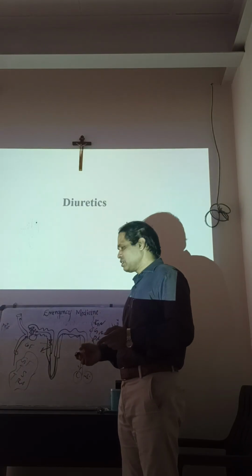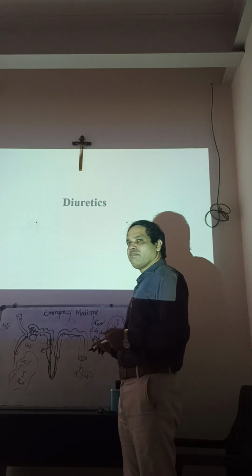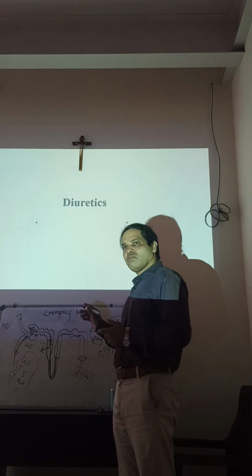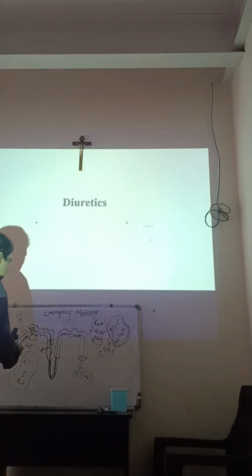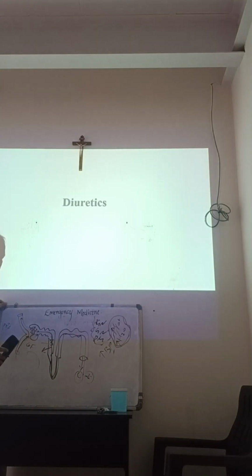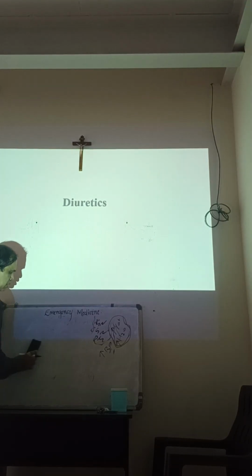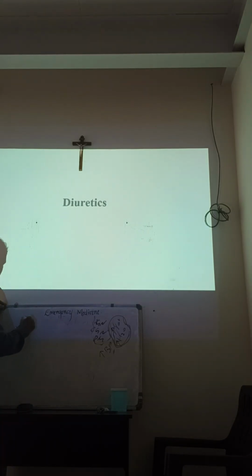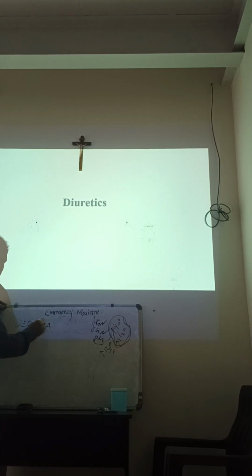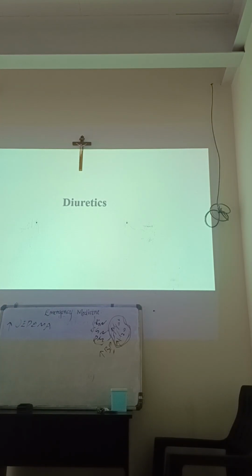There are so many other factors where the ion and water content get affected. We have a very sophisticated mechanism to control all this, that is your renal system. If the body is swelling for one reason or another, that means the renal system is not functioning, and that is called edema. The whole body may swell, or some part of the body may get swollen, depending on the condition.